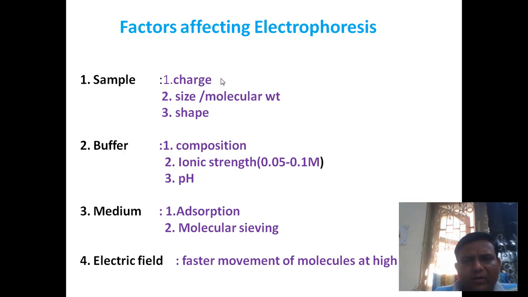So depending upon the molecular size or molecular weight and charge ratio, the molecules travel toward the opposite charge electrode with a specific speed. So low molecular weight molecules migrate toward the opposite charge electrode faster as compared to high molecular weight molecules.